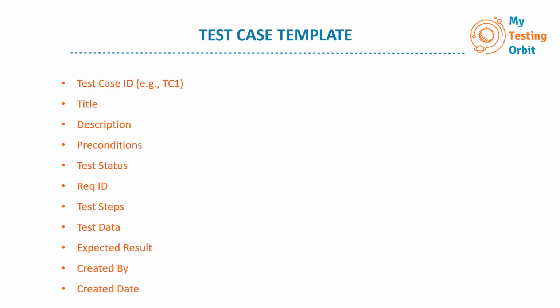For each test step there would be an expected result, because a test step is an action, and for every action there can be an expected result. When we execute our test, we compare the actual result with this expected result. If they are the same, we mark that test as passed, otherwise it's failed.